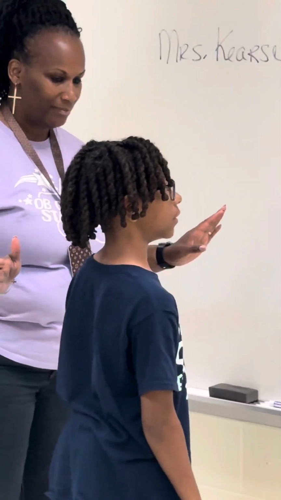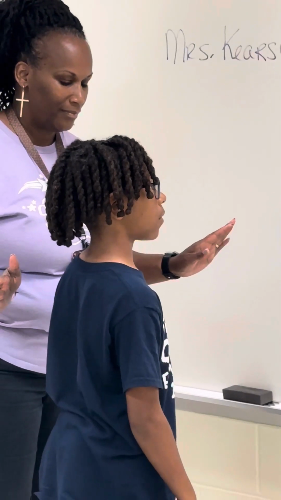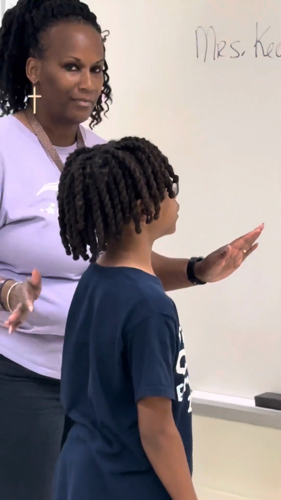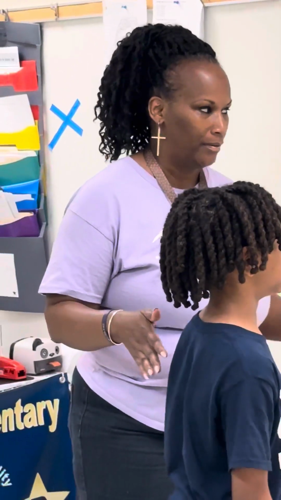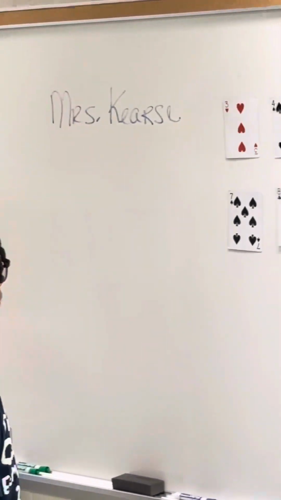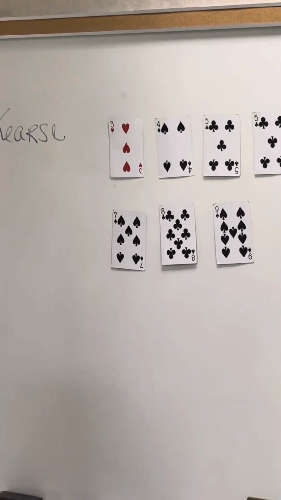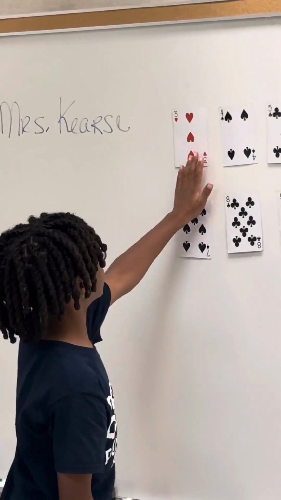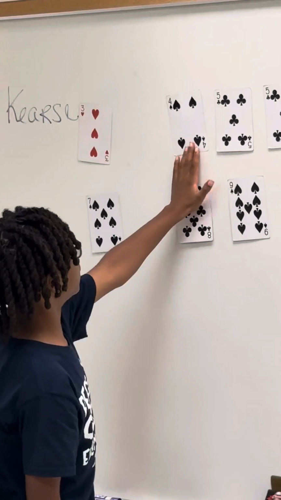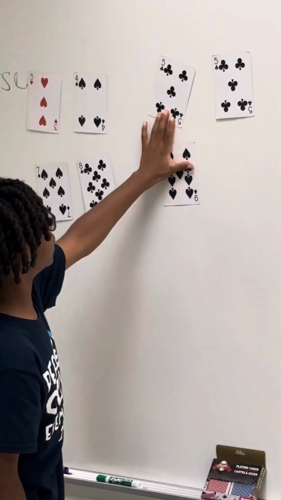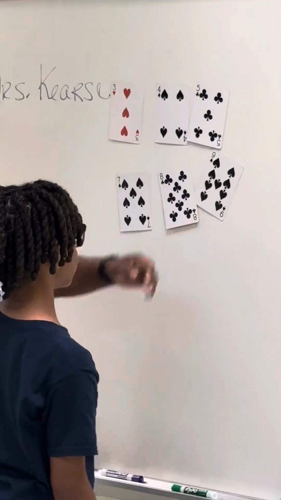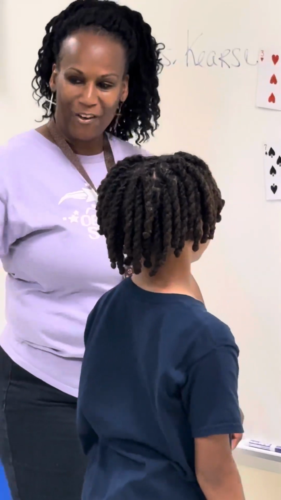Median is when you put them from least to greatest and then find the one in the middle. Okay, so which one is in the middle? 5. How do you know that? Because you take these 2 away, and these, and you look at 5. Good job. Okay, you can go back to your seat.